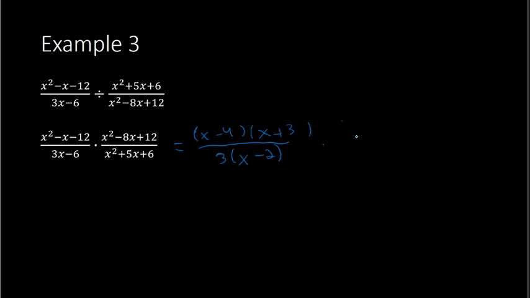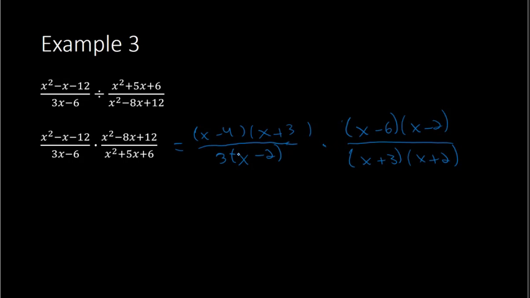Times, and then for the second fraction, we can factor x squared minus 8x plus 12. We would get x minus 6 times x minus 2. And then the denominator, x squared plus 5x plus 6, that can factor, and you'd get x plus 3 times x plus 2. All right, so from here, now that I've factored, I can start canceling things out before I multiply.